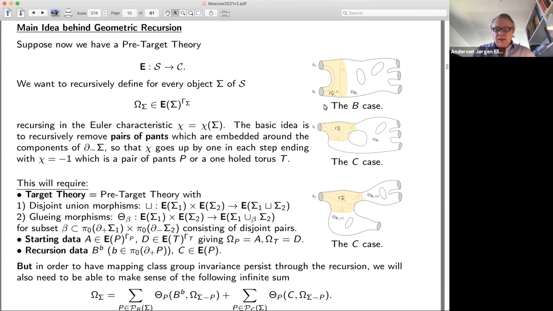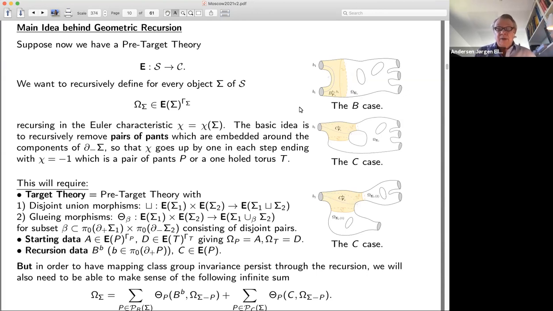But this is not going to give us a finite sum if we do this, right? Because there are infinitely many ways of embedding a pair of pants into a surface. Even if I ask that I embed the pair of pants in such a way that it definitely contains the boundary, so if I constrain that it always has to contain a specific boundary component in the image of the pair of pants, of course, there are still lots of possibilities.